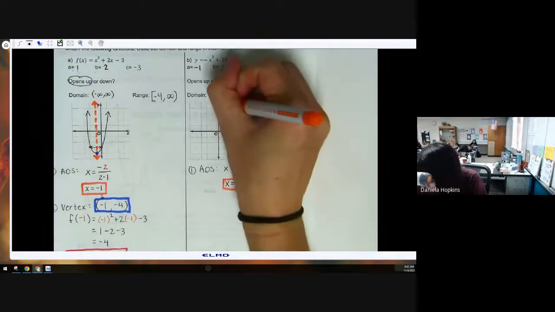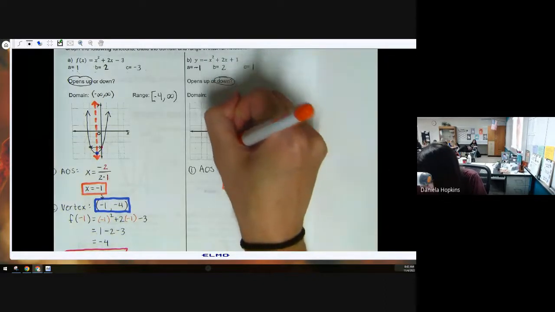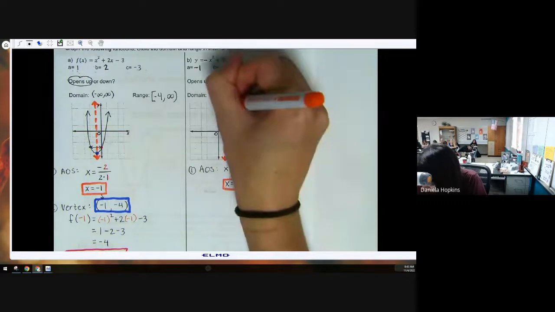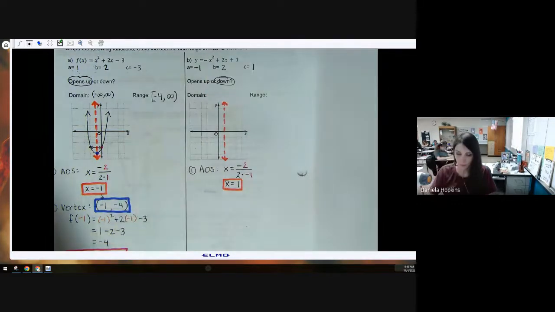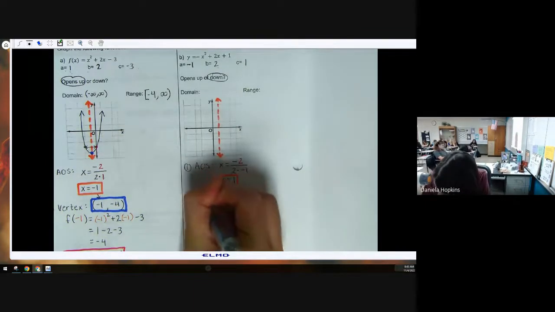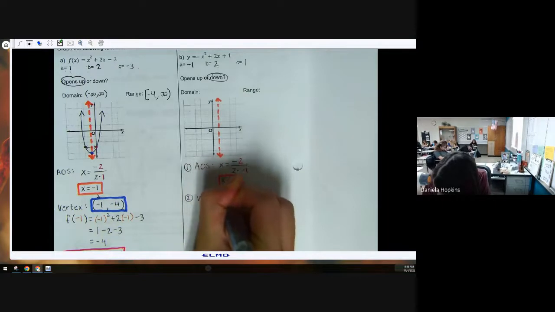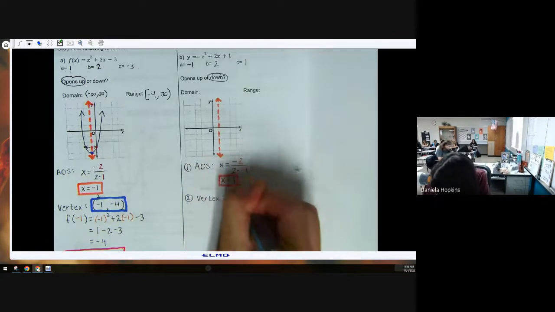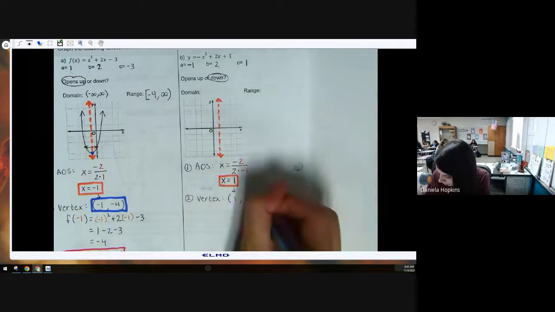I'm going to put a dotted line or dashed line or whatever here. Once I have my axis of symmetry, I'm going to find my vertex. So take this number, that goes here, 1, comma.